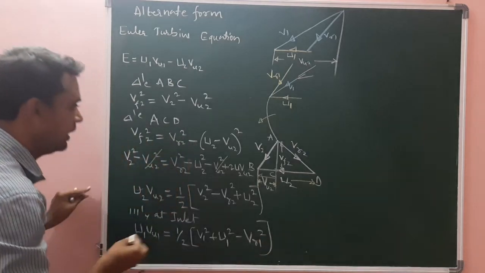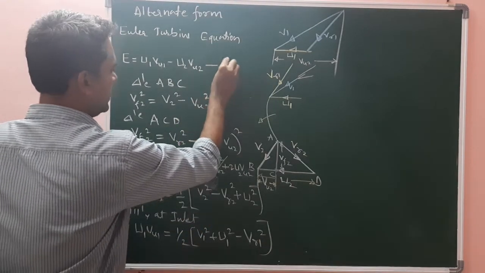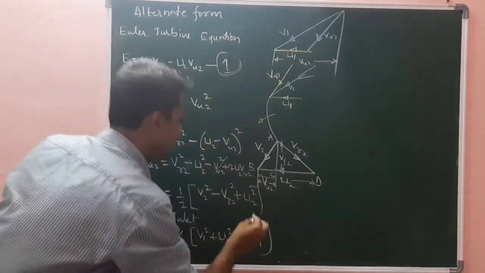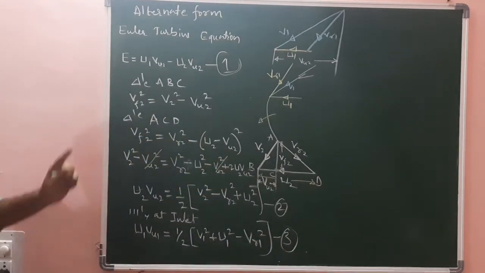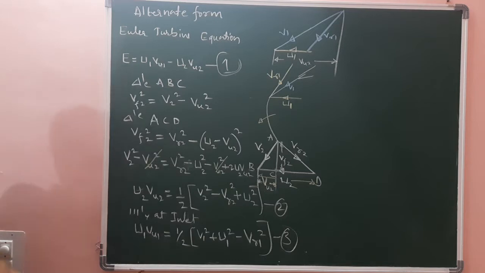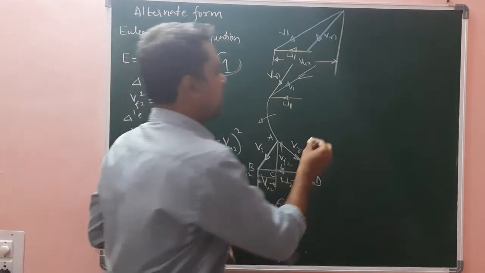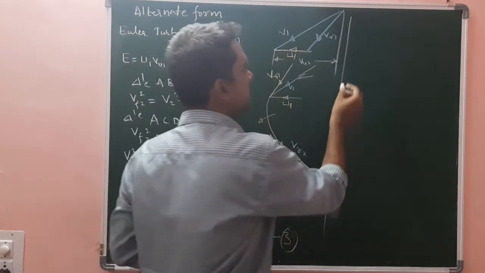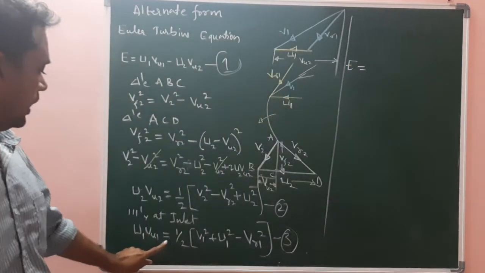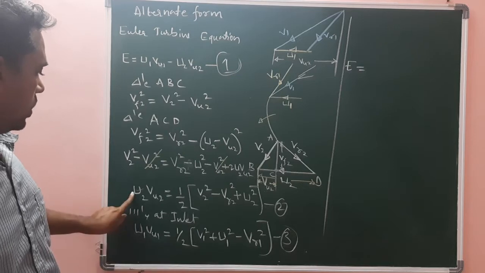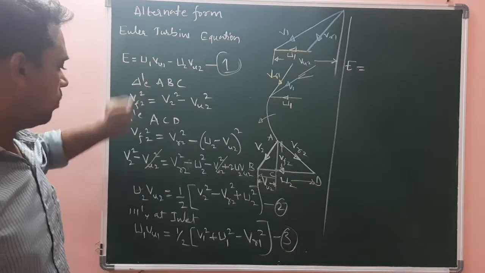Suppose I call this equation number 1, and these equation 2 and 3. Substituting equations 2 and 3 in equation 1, what will we get?